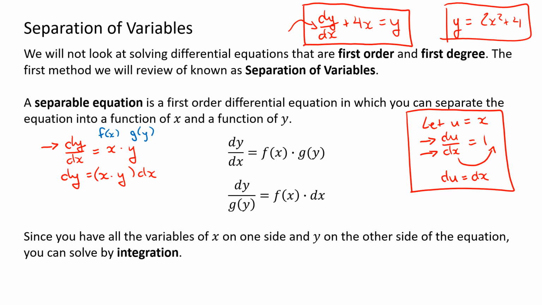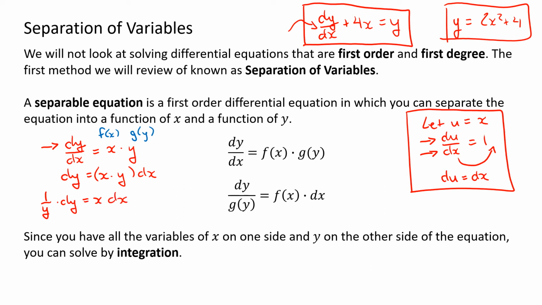We have all the x terms on the right-hand side, but we also have a y term. So our last step would be to move the y term to the other side of the equation. We would do that by dividing both sides by y. And we get 1 over y times dy is just equal to x dx.